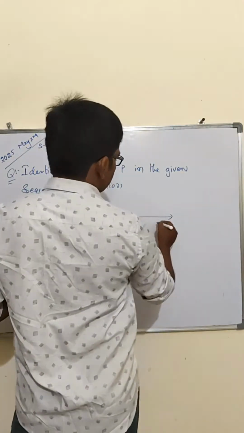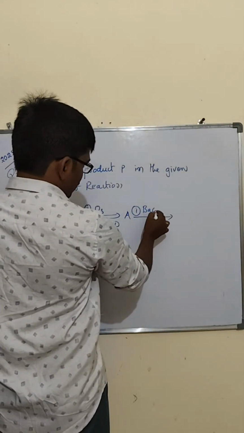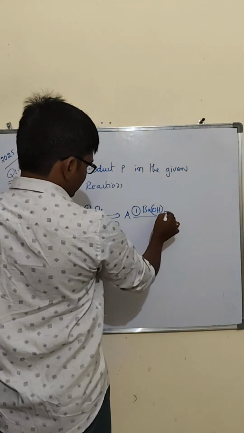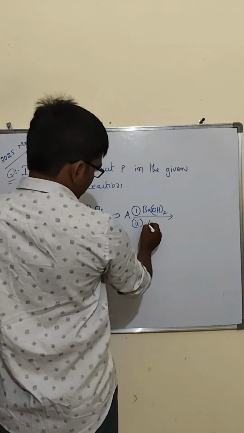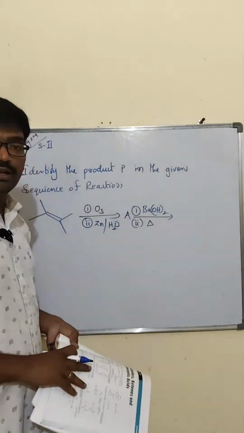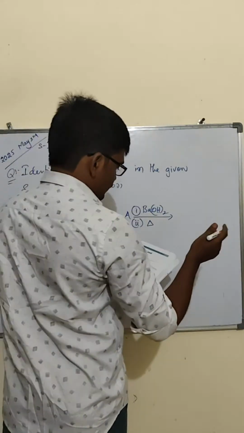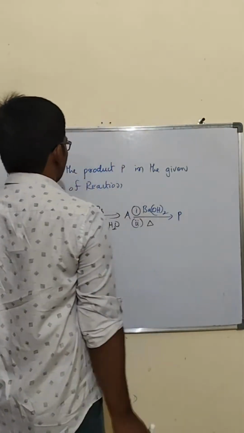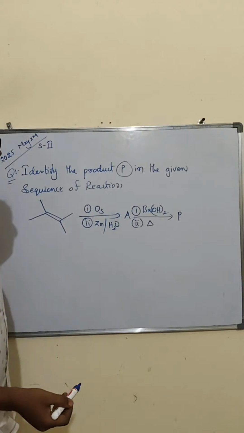So A, when it is treated with barium hydroxide, Ba(OH)2, a base, and then on heating, observe carefully, gives the product P. You have to mention the product P in the reaction. So the options are there.